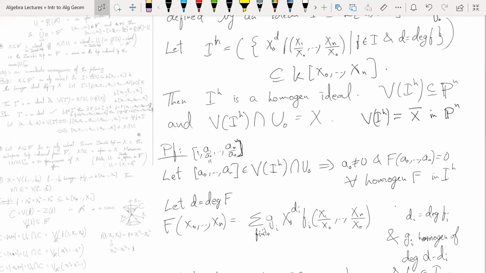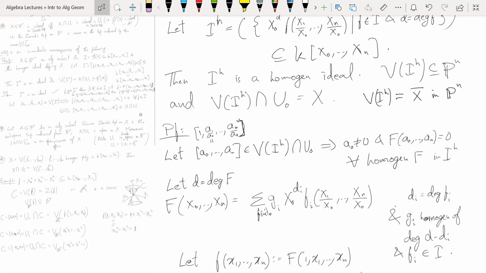So now we want to show that this V(I^H)... I^H is clearly a homogeneous ideal, so that part doesn't require a proof. We only have to show that V(I^H) intersection U0 is the same as X. So let's take an element, the class of [a0 : ... : an], an element of V(I^H) intersection U0.